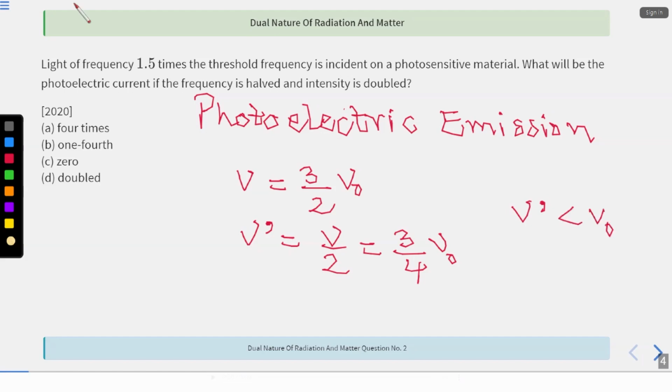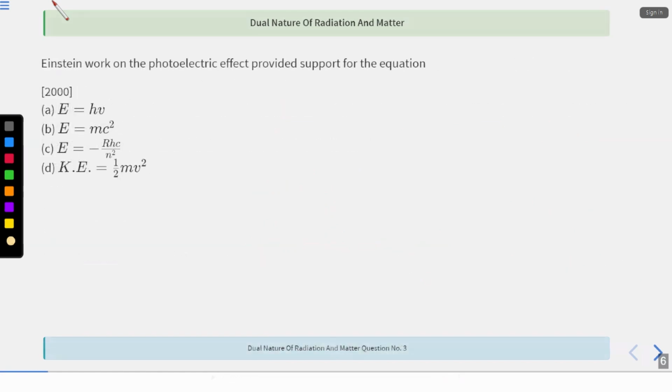And we know that for a photoelectric emission to take place, our V dash should be greater than the threshold frequency, right? So that will be our option C, 0, because the photoelectric current wouldn't even pass, right? Let's move on to the next question.